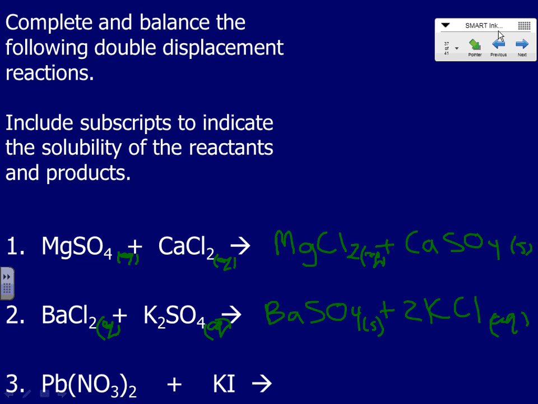The nitrate and the potassium. Again, make sure you trade them and you cross over to get the formulas.